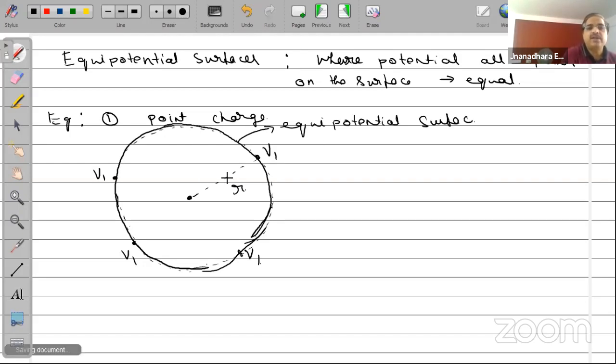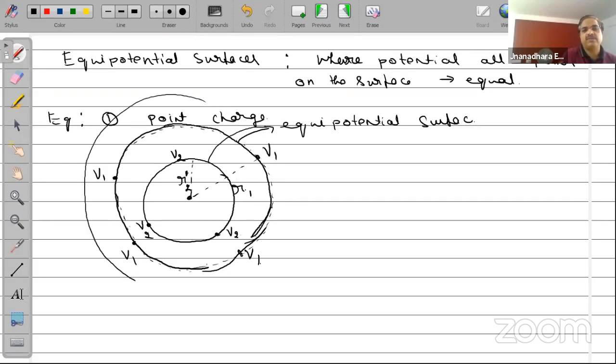Now you will find that even this also will be an equipotential surface. But only thing is here, this distance will be some r dash. So this will be now V2, or maybe you can call this R2 and this is R1. So potential at any point here will be V2. This also will be an equipotential surface. For that matter, you consider another sphere here like this.